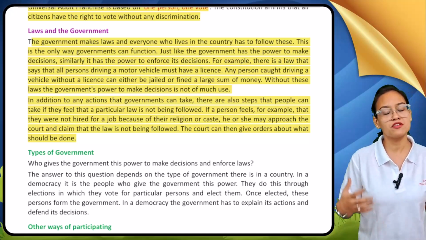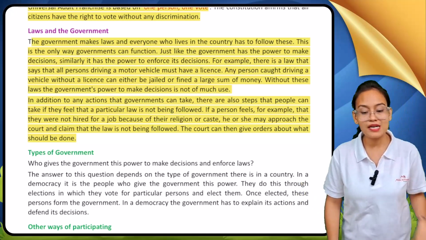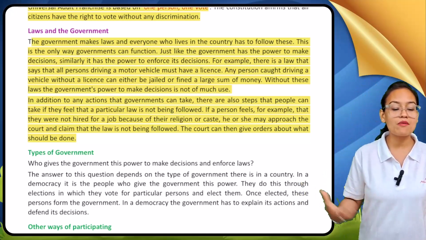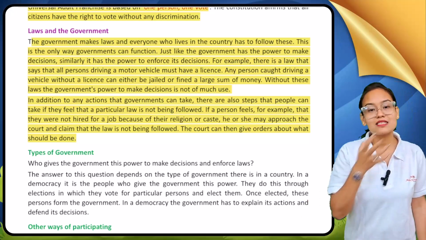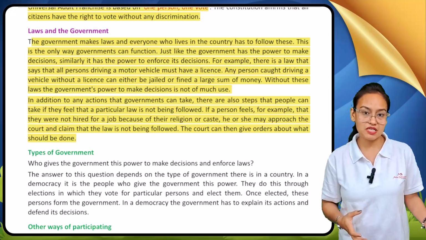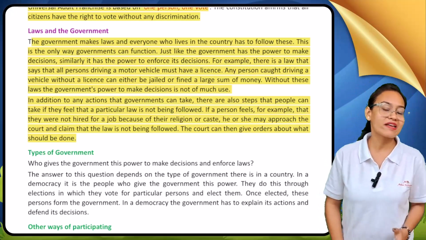that person may face jail or be fined a huge amount of money. Without these laws, the government's power to make decisions would not be of much use. This is a law made by our government that every person who drives a vehicle must carry a driving license.